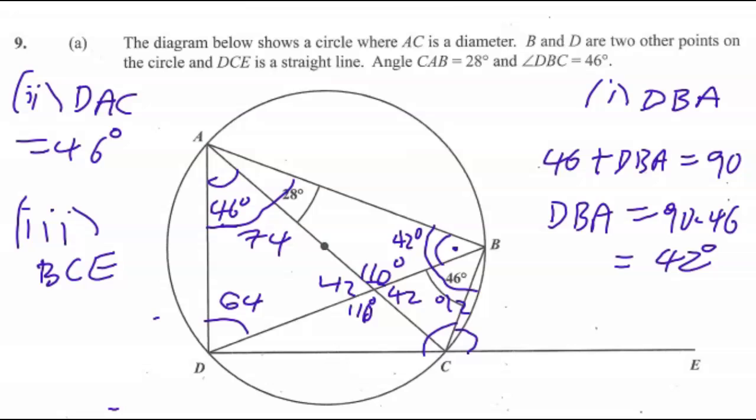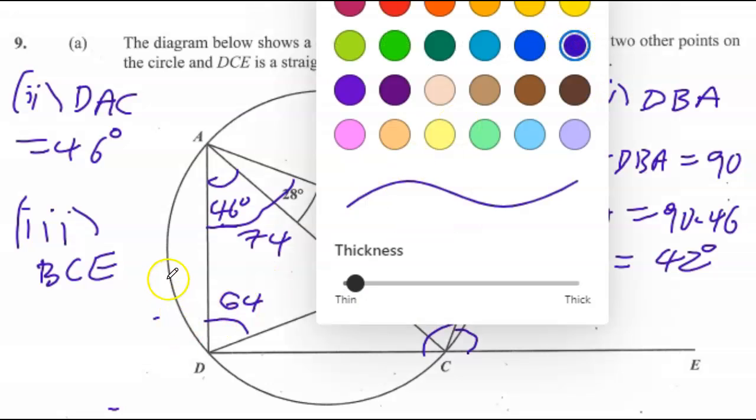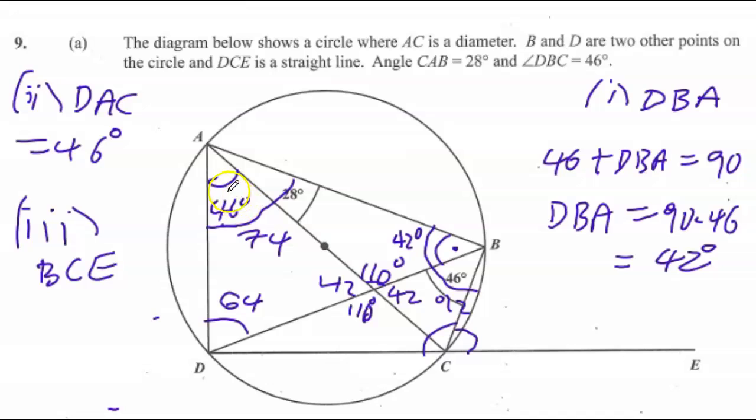An error was made here. Just make the correction. What we have here, A, B, C, D, is what we call a cyclic quadrilateral. So the sum of the opposite angles must be equal to 180. So all of angle A, which is 74, plus this angle BCD must be equal to 180.